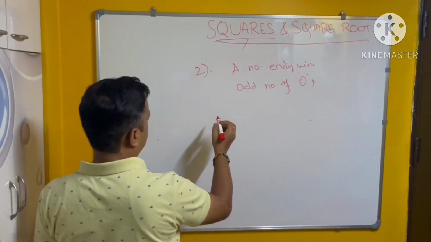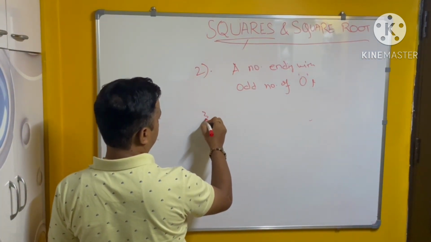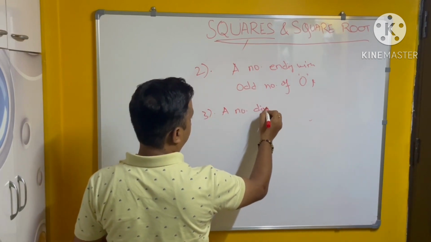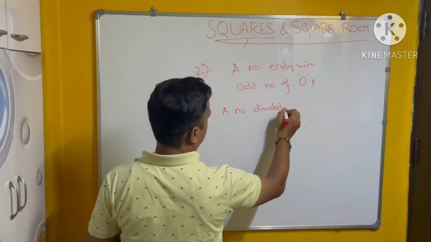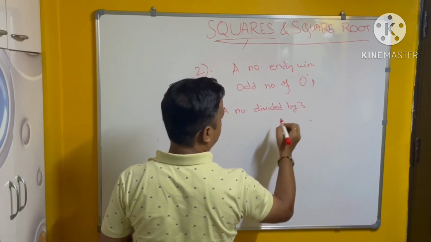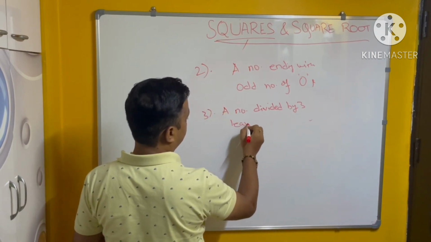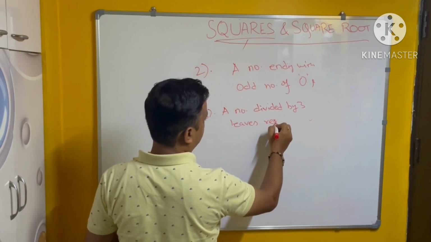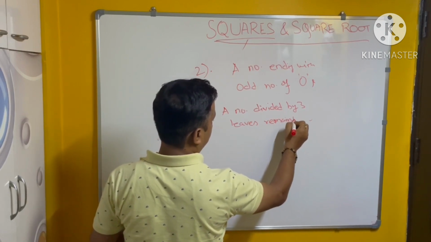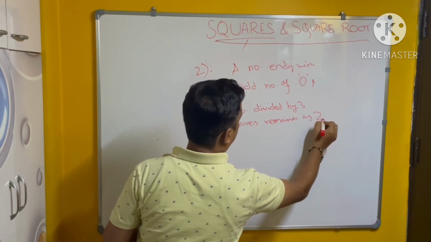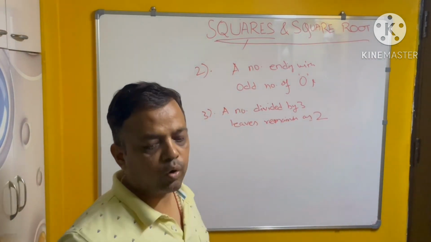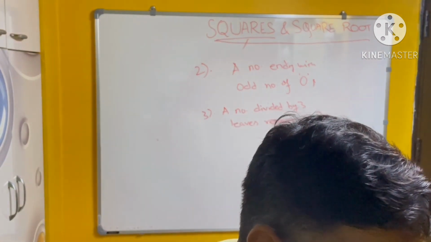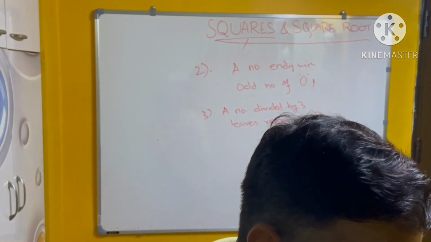So this is another rule. A number which, when divided by 3, leaves a remainder of 2 cannot be a perfect square anytime, right?